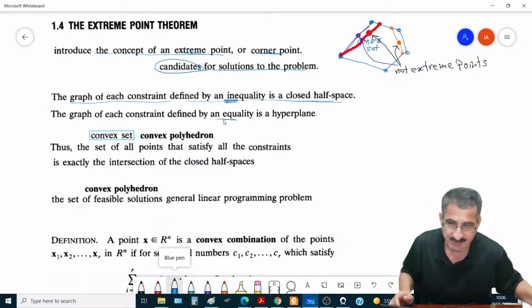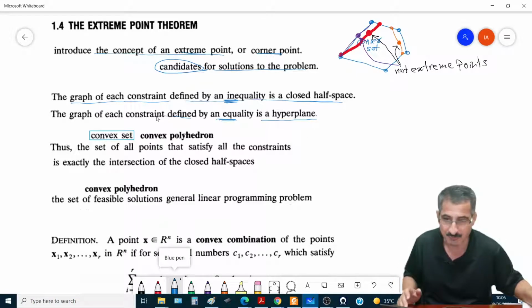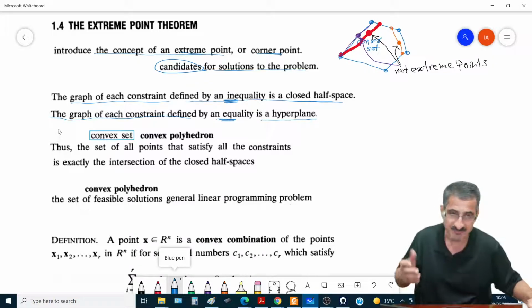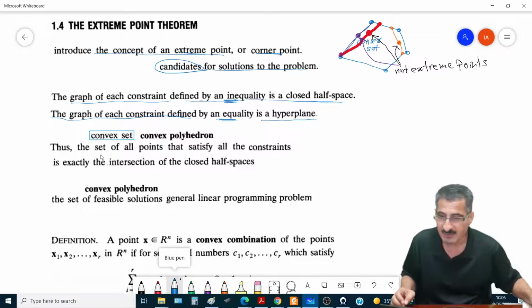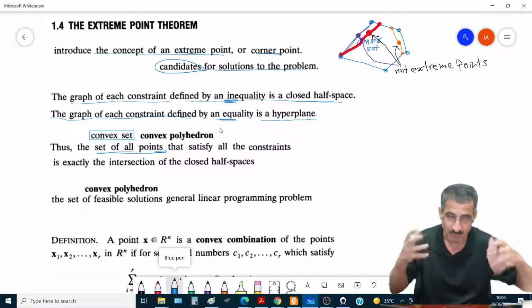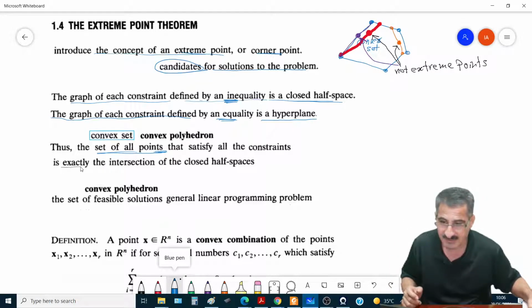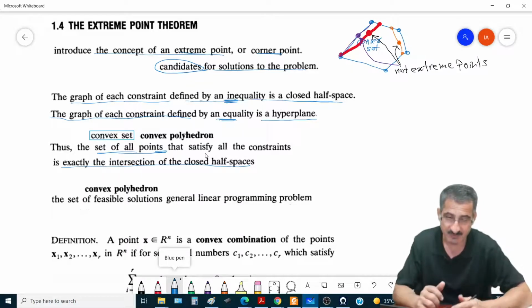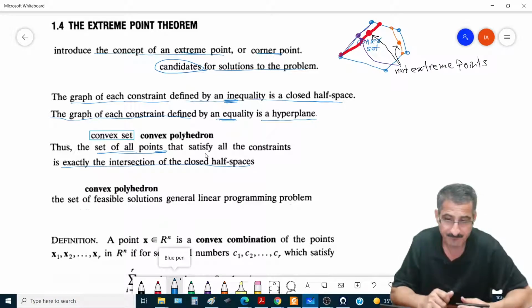When it is equality, we call it a plane, or a hyperplane when we go to more dimensions than 3. We have seen this before. Now, the set of all points that satisfy all the constraints is exactly the intersection of the closed half spaces. And we have seen that also.